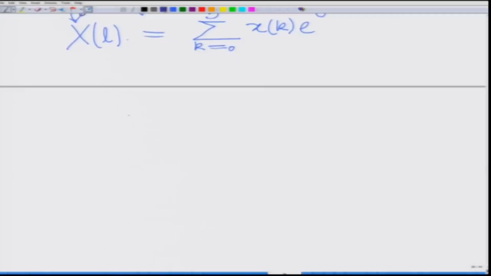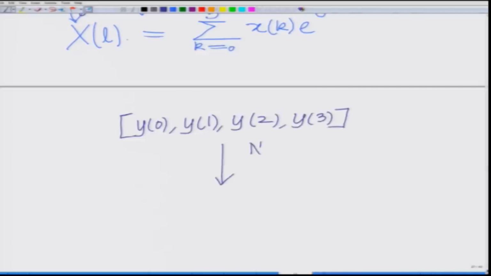Okay. So, what we have is y0, y1, y2, y3, you take the N equal to 4 point FFT.